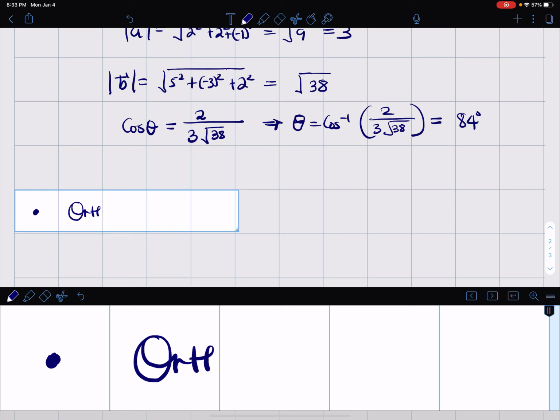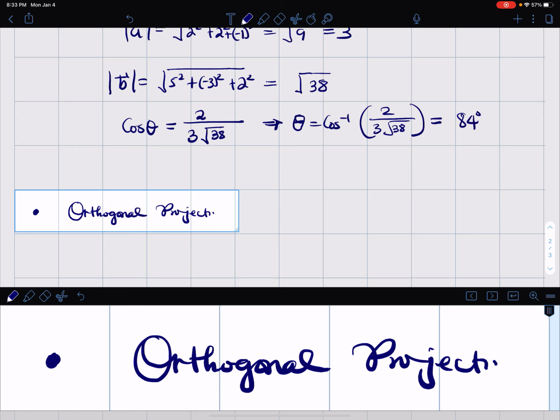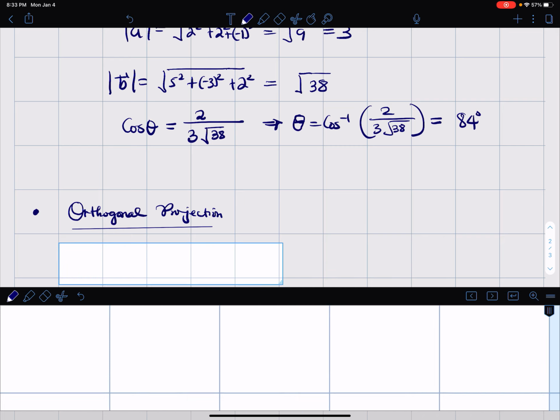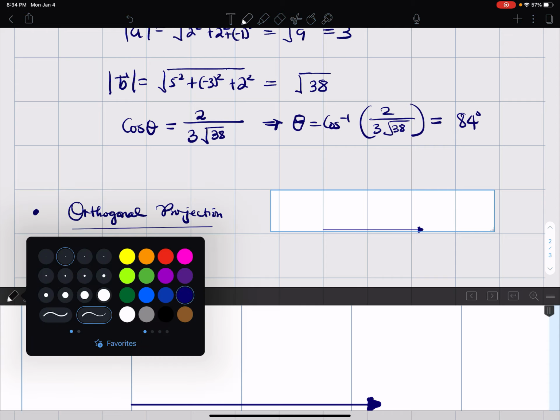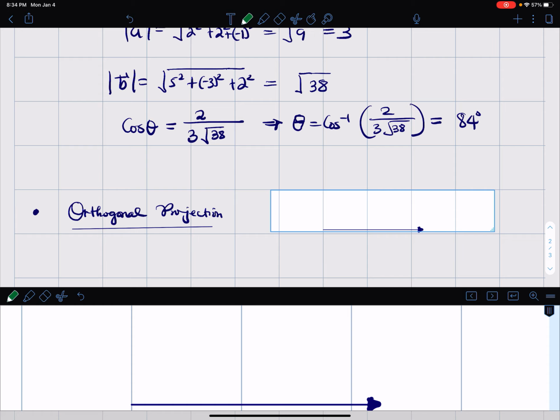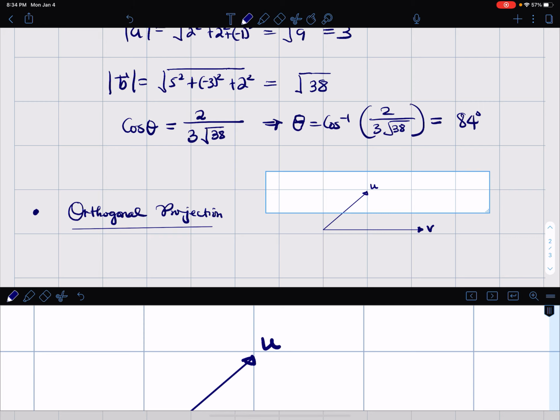Okay, we're going to look at something we call the orthogonal projection. I want you to consider this. Assuming you have this vector, and then you have another vector v, or another vector u. This is v, and this is u.